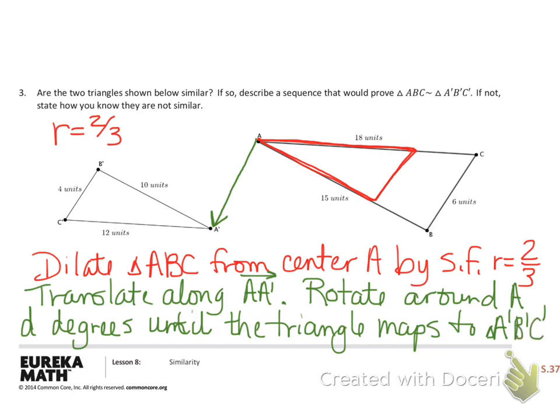Okay, so if I just rotate this around, then this point here is going to map to this point, and this point will map to that one. And A will already be mapped.